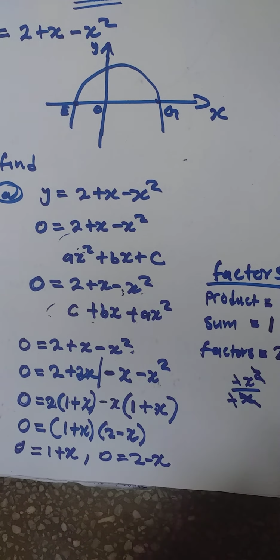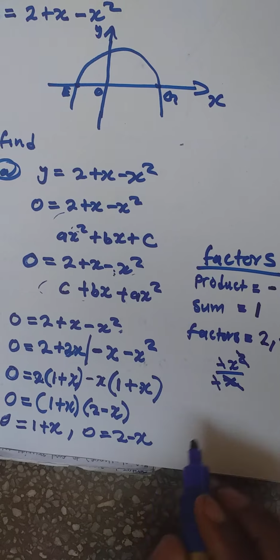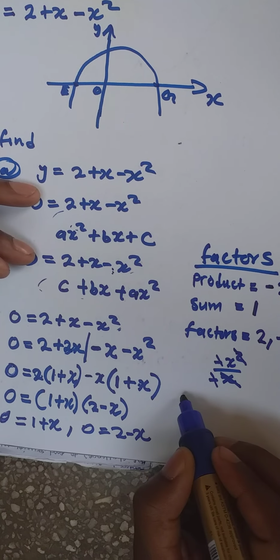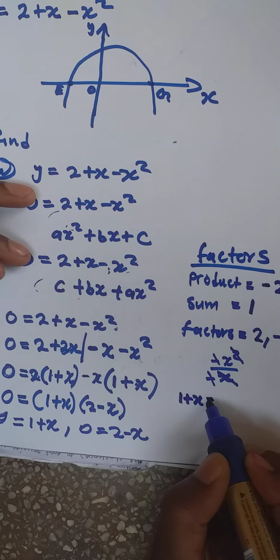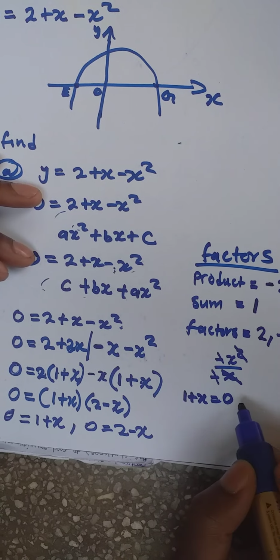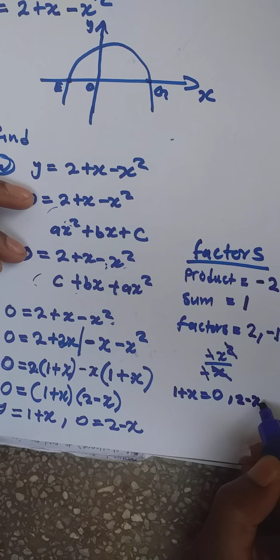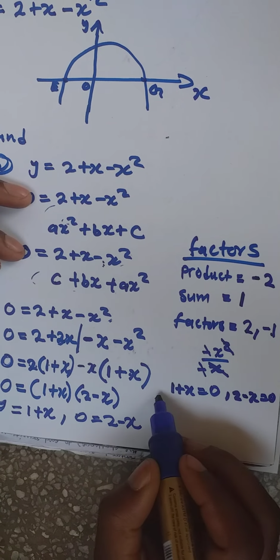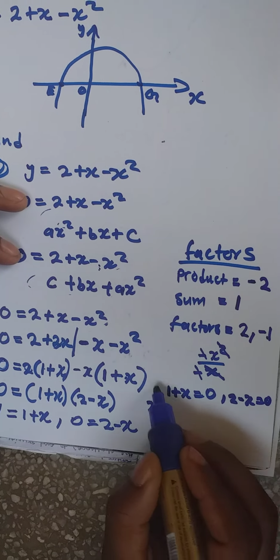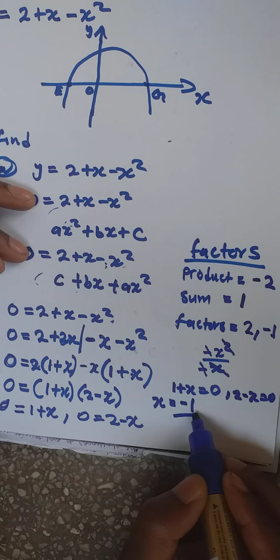Remember, this is the same as 1 plus x equals to 0, and the other part is the same as 2 minus x equals to 0. So the x here is equals to, when you take 1 to the other side, minus 1.